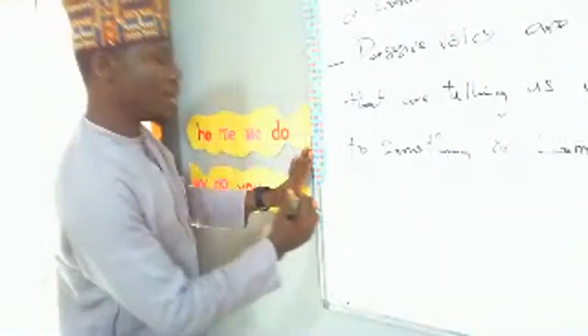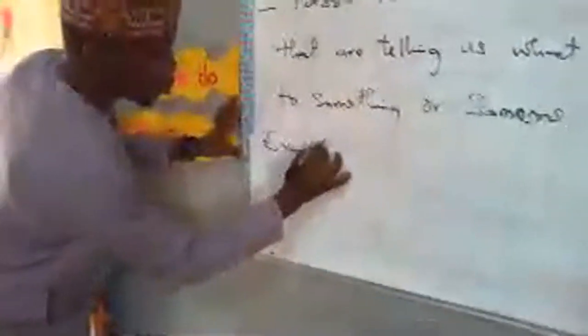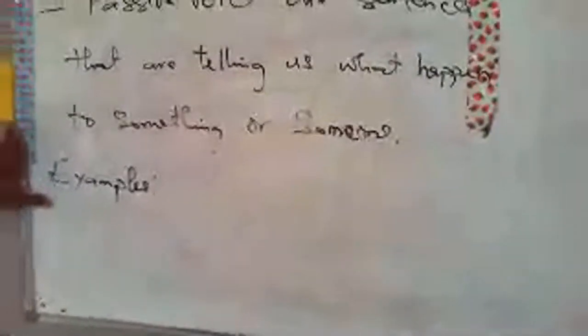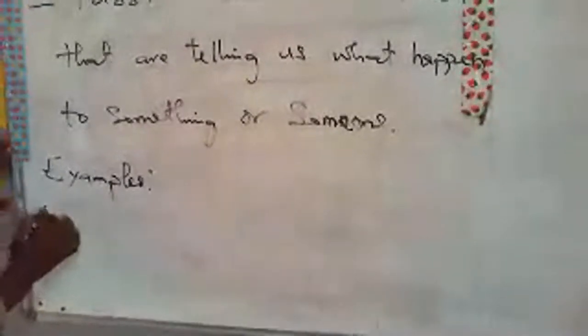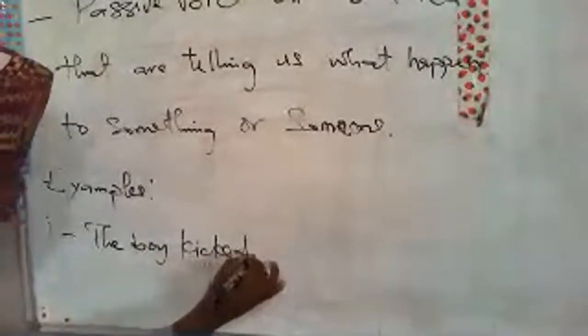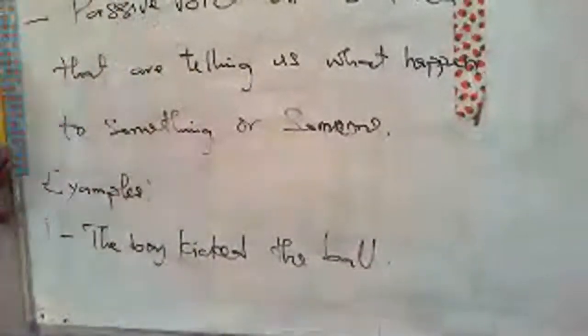Let me give you this example just as a reminder before I move on to the constructions. Take a look at this example. The boy kicked the ball. This is in active form.